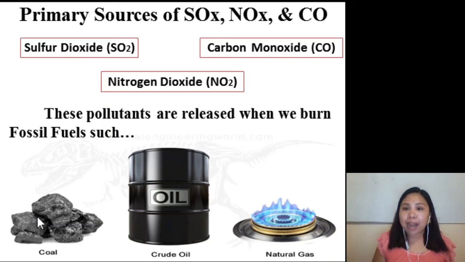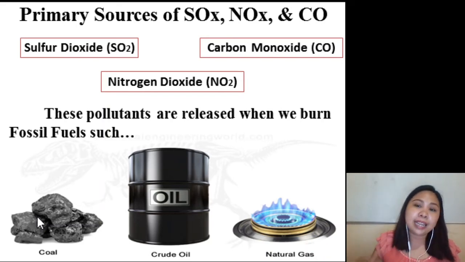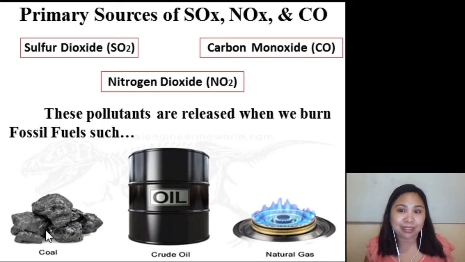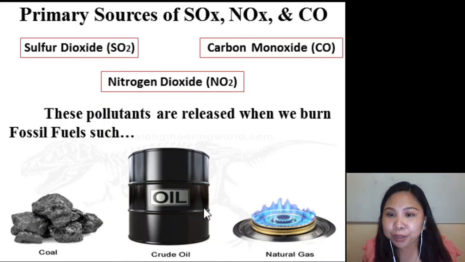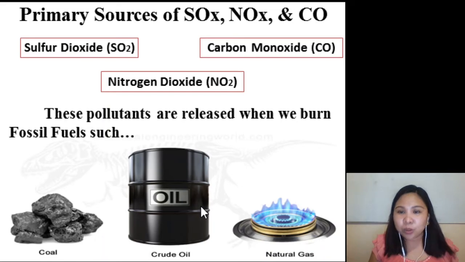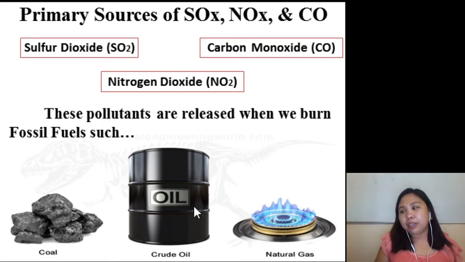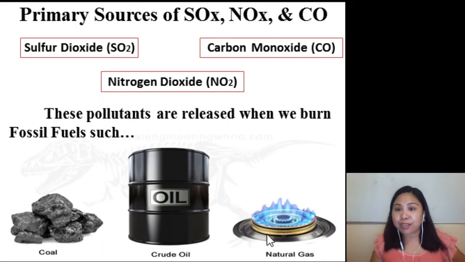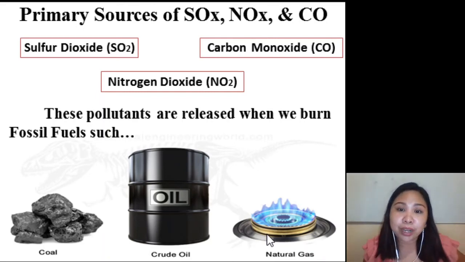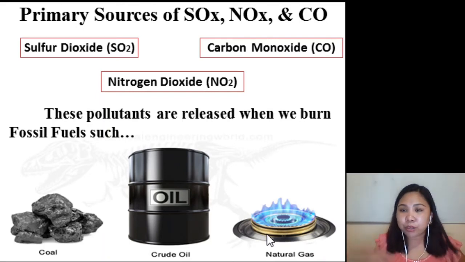To run the power plants, to generate electricity, we are using coal. Okay? So, gumagamit din po tayo ng mga crude oil. Ayan, may gasoline, mga diesel, pang-patakbo ng ating mga sasakyan. Okay? We're also using fossil fuels such as natural gas whenever we are using LPG, liquefied petroleum gas.